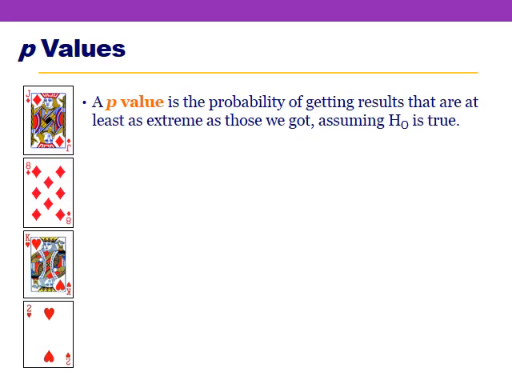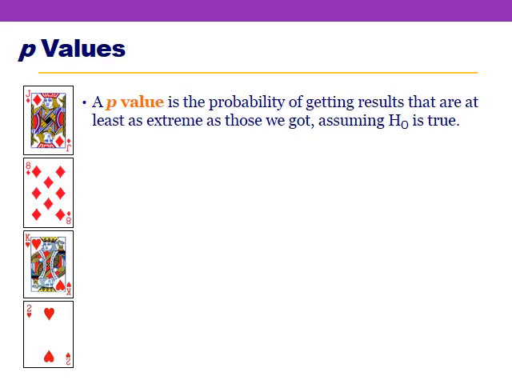And the p-value is going to be the single number that tells us which of the two hypotheses we think is more likely to be correct. Now here's the textbook definition of what a p-value is. A p-value is the probability of getting results or getting data that are at least as extreme as the results we got if the null hypothesis is true.